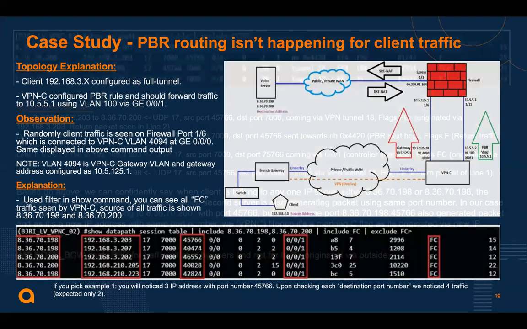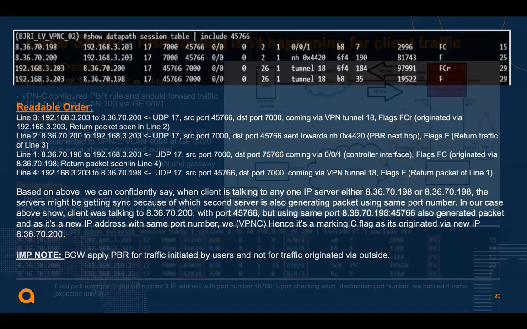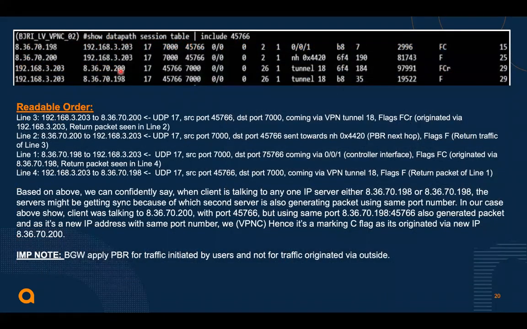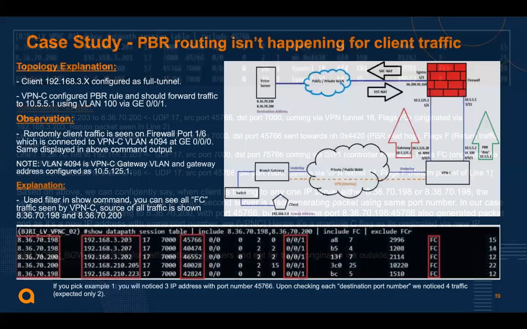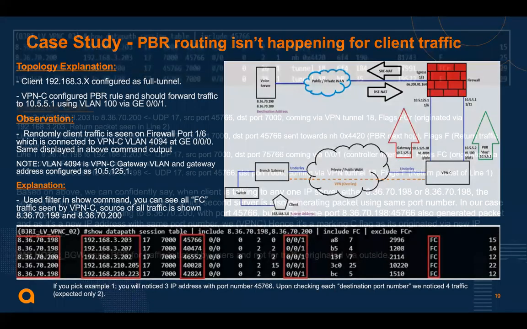We generally check for traffic initiation happening from our end, not from the outside, which in our scenario is the voice server. So we had to work with the customer on the server end, where there were options to make the devices sync, and once that knob was removed from the voice server end, everything started working.